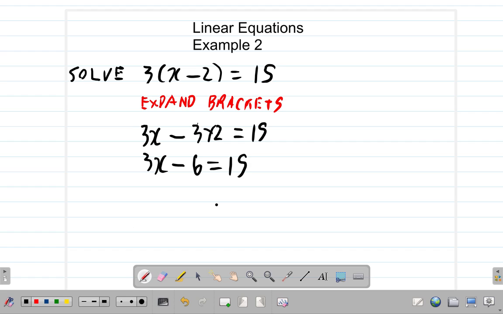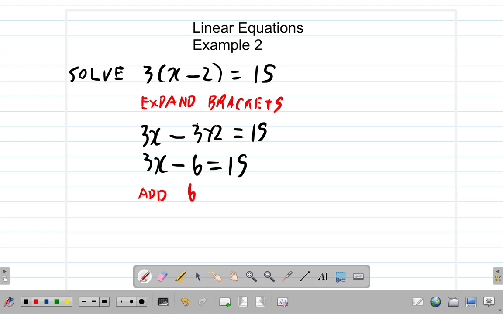One thing you could do here is to get rid of the negative 6 and then get rid of the 3. How do you get rid of the negative 6? You would have to add 6 to both sides. Well, add 6. I'm not going to say to both sides because you should know.